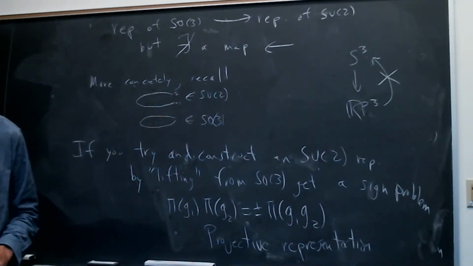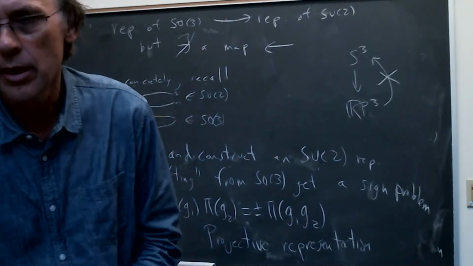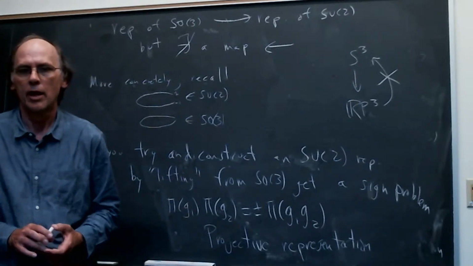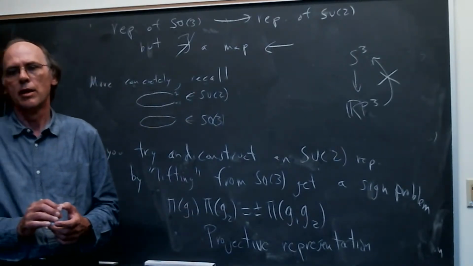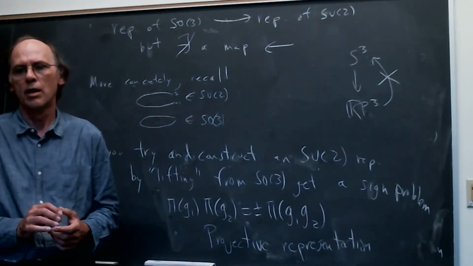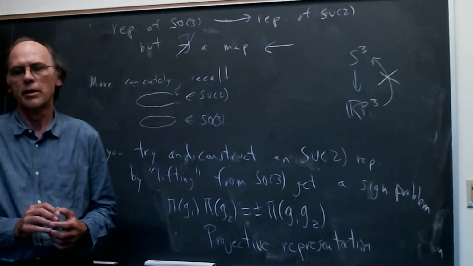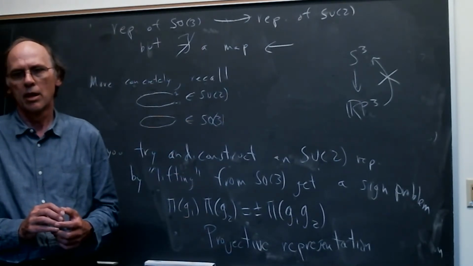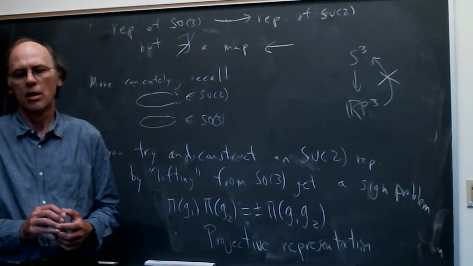I have a question here. Does this mean that if we identify two elements in SU2, one positive and one negative, then we get a representation for SO3 from SU2 divided by Z2?